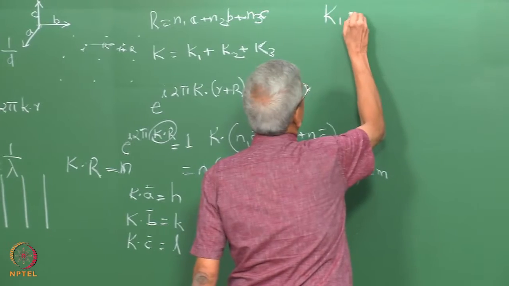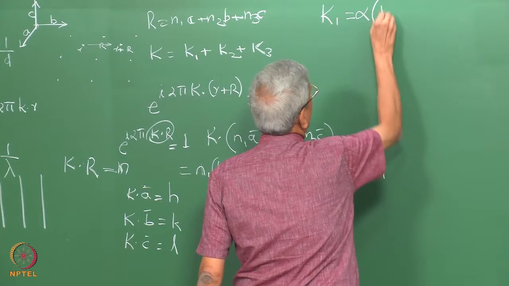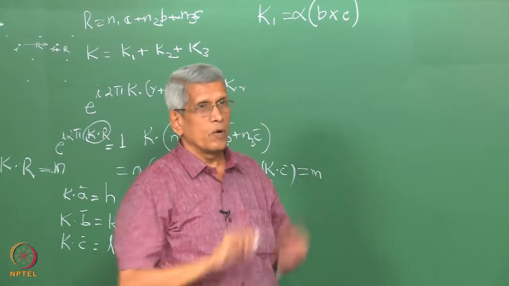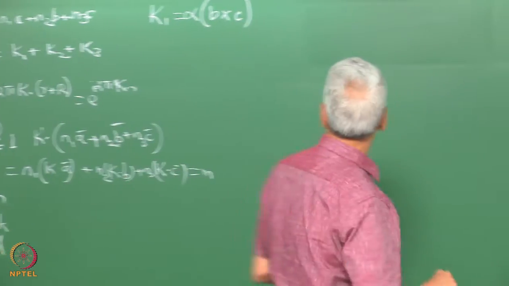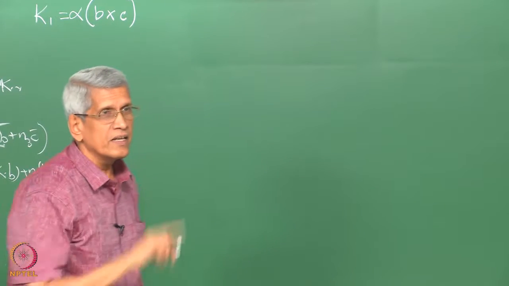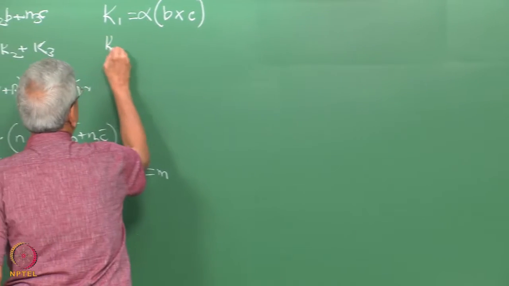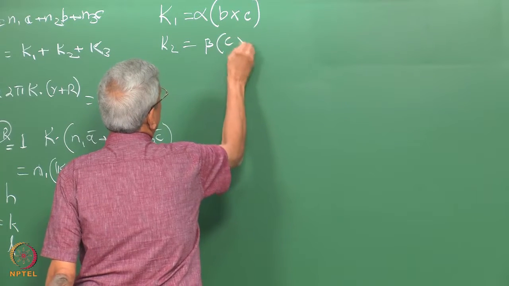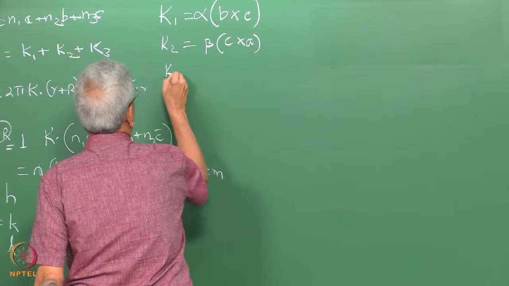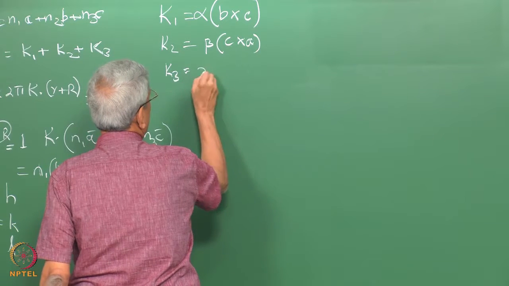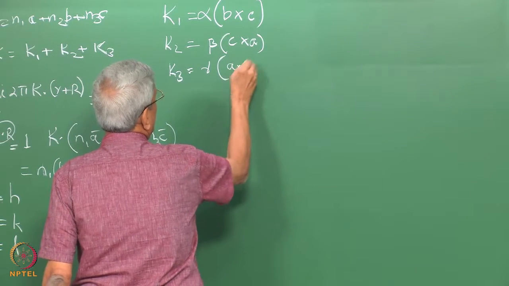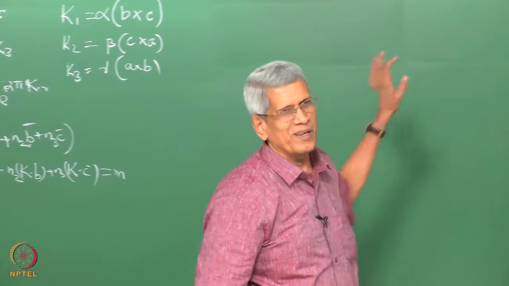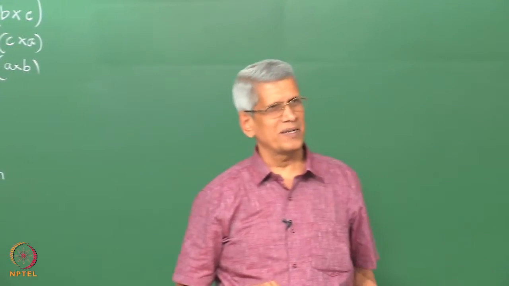So I can write k1 to be equal to some constant alpha into B cross C, but we do not know what the value of alpha is. Similarly, k2 can be written as beta into C cross A, and k3 can be written as gamma into A cross B. We are doing this exercise to find out the relationship between reciprocal and real space.